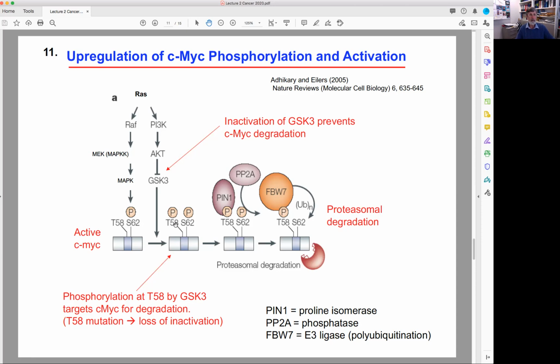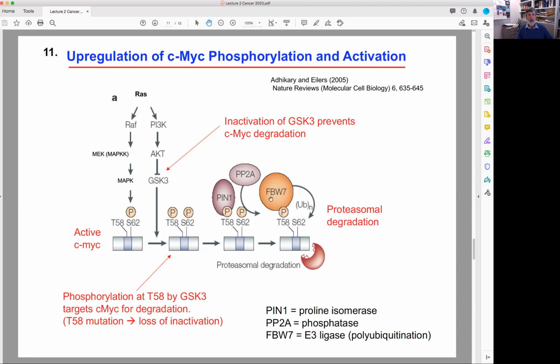And that phosphorylation at T58 enables this PIN1 enzyme to bind to the MYC, and this PIN1 enzyme is a proline isomerase, so it actually causes a structural change in the MYC protein, which enables this phosphatase PP2A to remove the phosphate from serine 62, which inactivates c-MYC and also targets it for degradation.